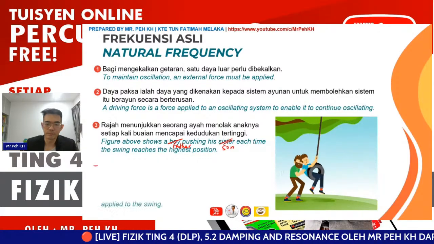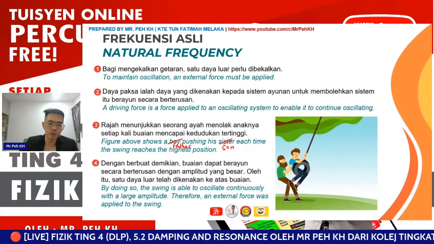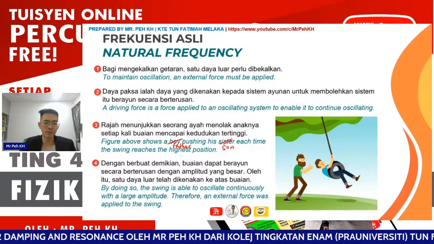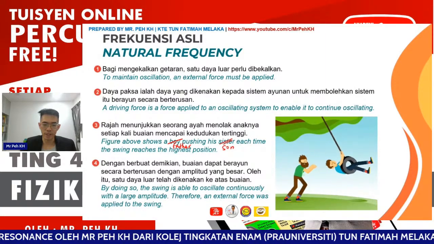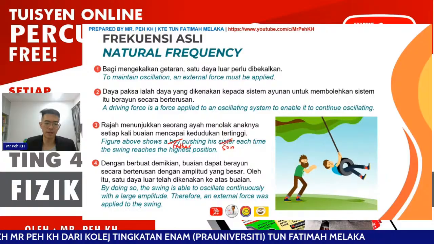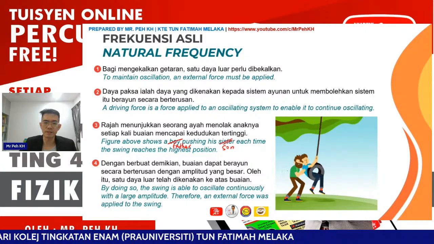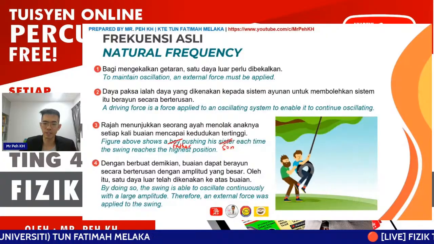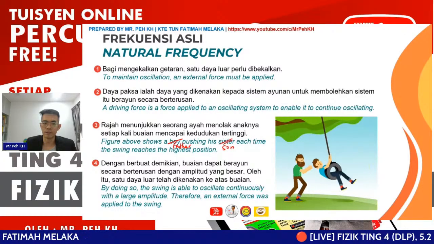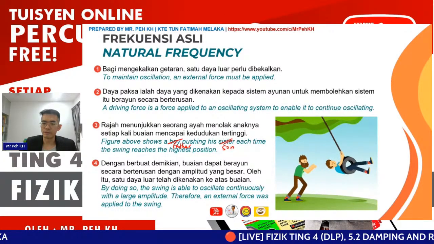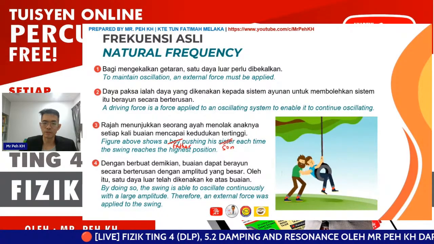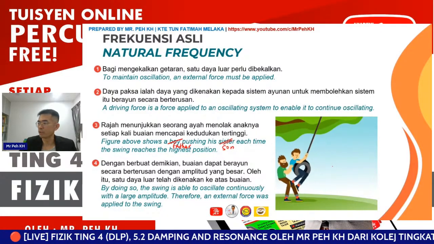By doing so, the swing is able to oscillate continuously with a large amplitude. Therefore, an external force was applied to the swing. So the driving force, or the external force, is done by the father so that the swing continues with larger amplitude.